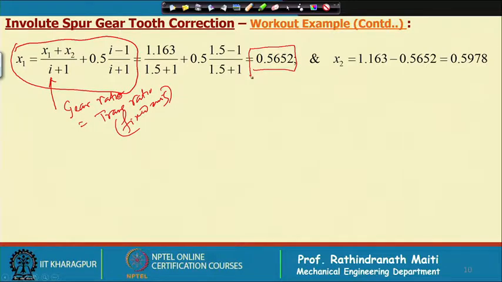However, with x1 value like this, x2 becomes this much. So, x1 is this much, x2 is this much. This is more or less the same for both gear and pinion, but this is recommended for the pinion. We can go less for this, we can go slightly higher for this, but first of all we would check what the tooth thickness at the tip will be.